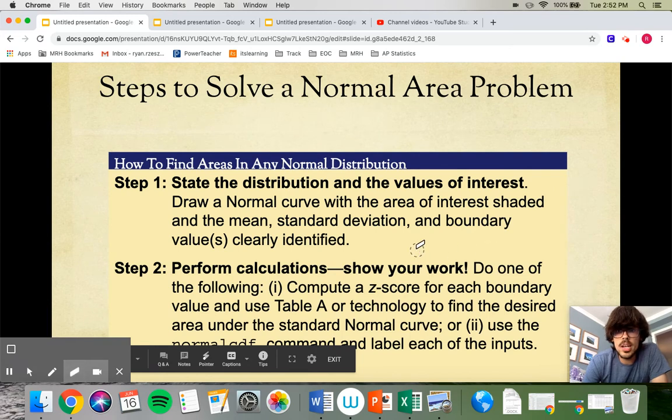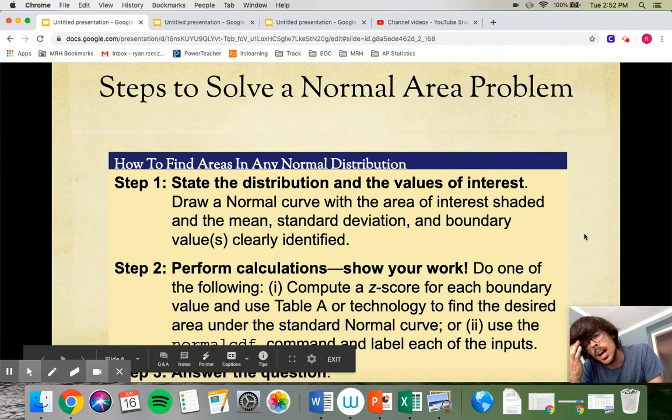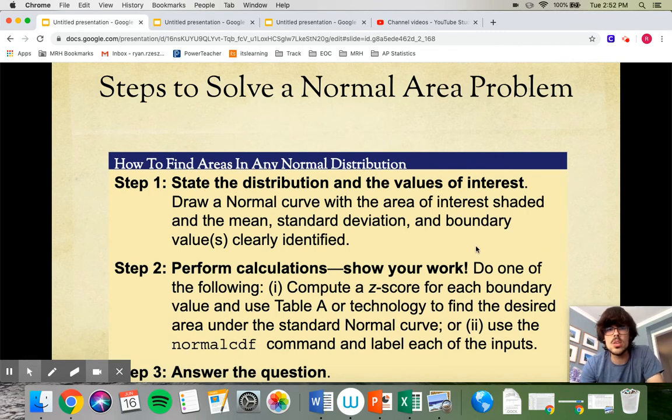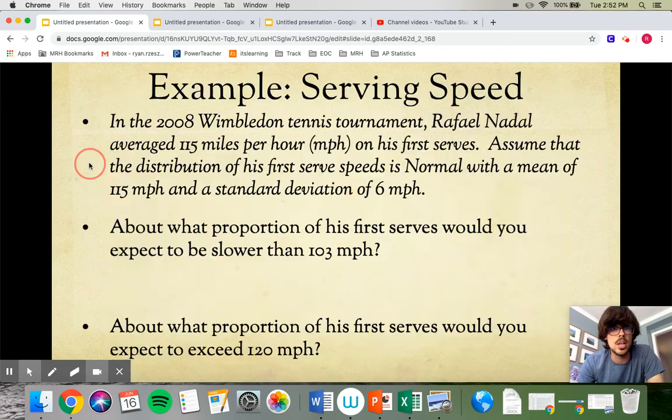Now, when you're working out one of these problems, there's a series of steps you use to draw out the work that the AP test wants to see to give you full credit. You can read through these on your own time, but I'm just going to walk you through an example of what that would look like.